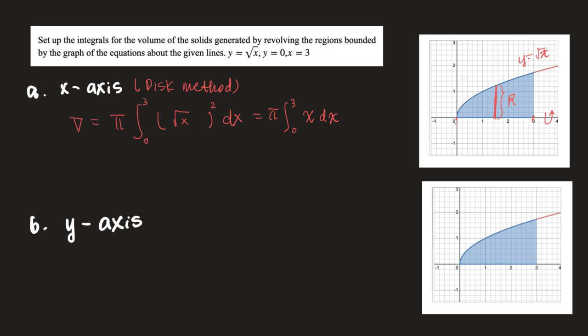Now, second, we're going to rotate it about the y-axis. So we're going to draw the rectangle perpendicular to the y-axis. This is going to be this shape. Guys, can you see the hole here? This is a hole, so this one is the washer method.